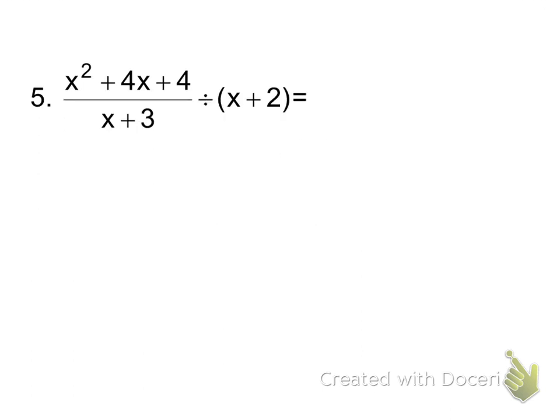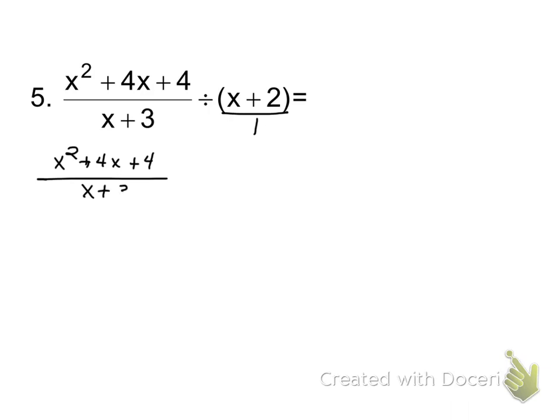Now this is a division problem, and we need to think about that. If we make this a fraction, that's x plus 2 over 1. When you divide by a fraction, it becomes a multiplication, but you multiply by the reciprocal. So this problem is the same as x squared plus 4x plus 4 divided by x plus 3.